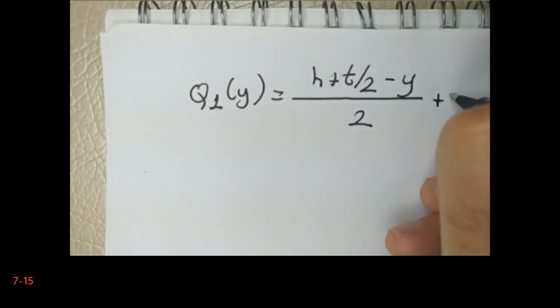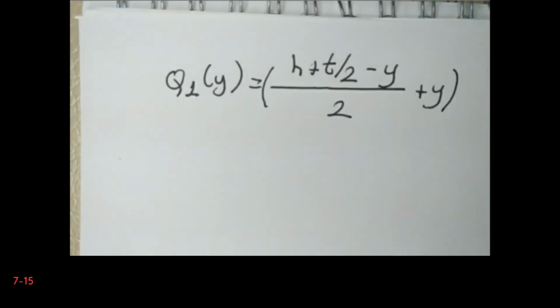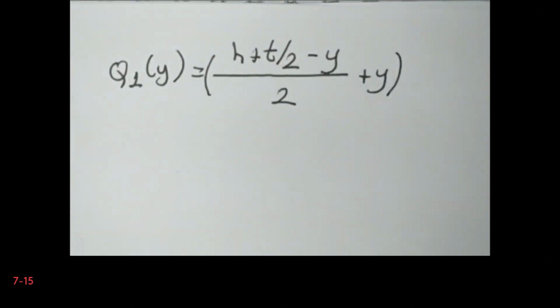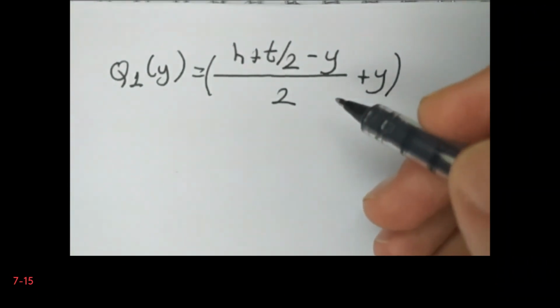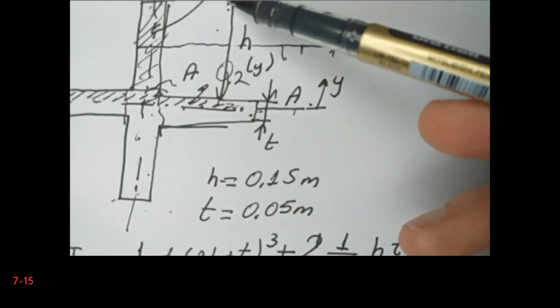So this is the centroid. Then we need to calculate the area. Now this distance is (h plus t) divided by 2 minus y.